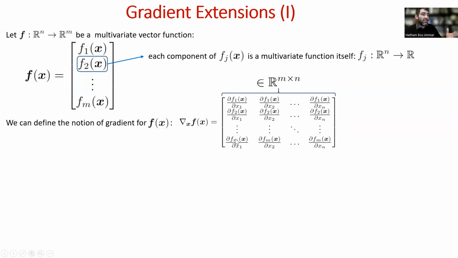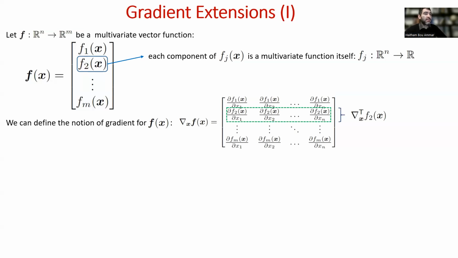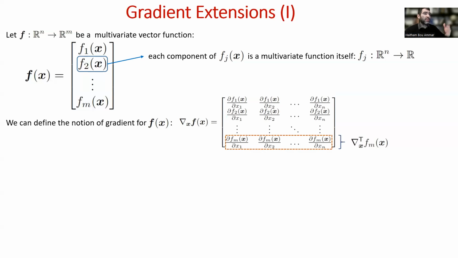And finally, the last row in this matrix will be nothing but the gradient of the last component, fm of x, of this mapping function. So this is the gradient of the first, this is the gradient of the second component of f(x), and finally, it's the gradient of the last component.